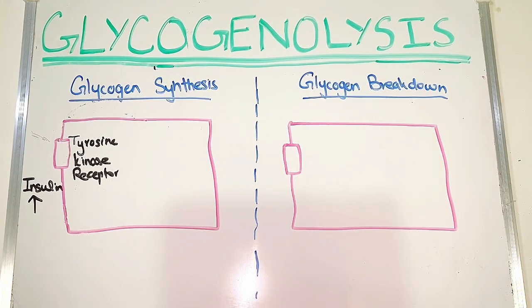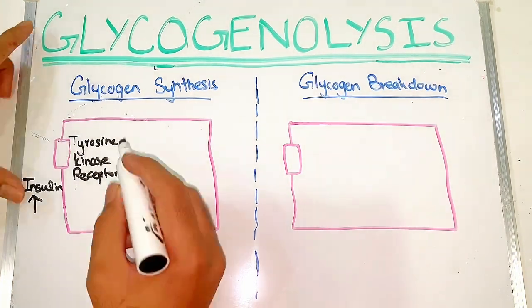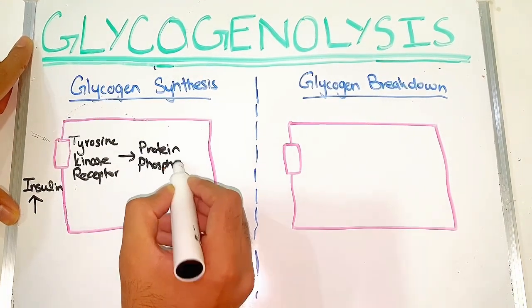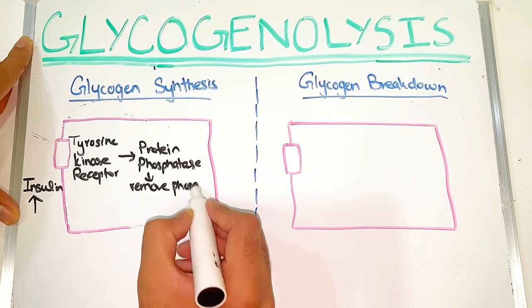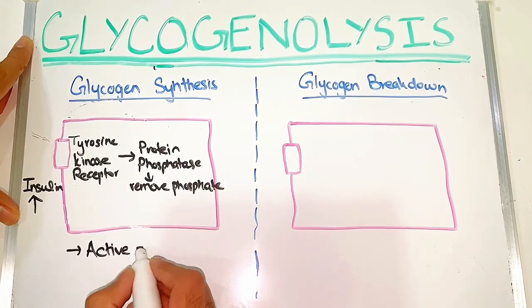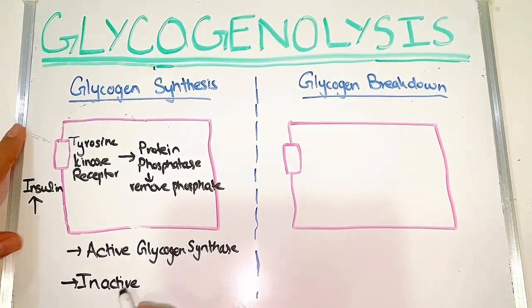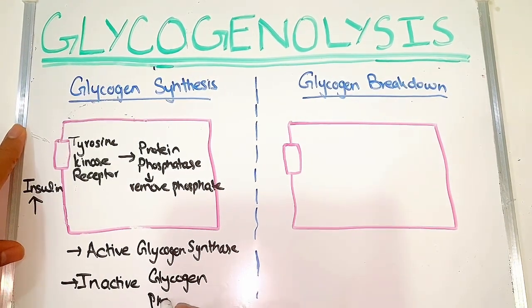The function of tyrosine kinase receptor is to stimulate protein phosphatase, which will remove phosphate and which will activate glycogen synthase and inactivate glycogen phosphorylase.